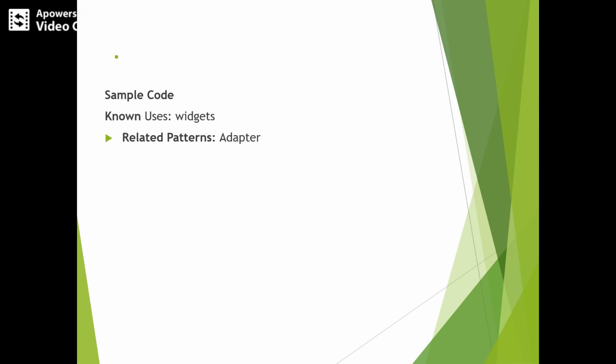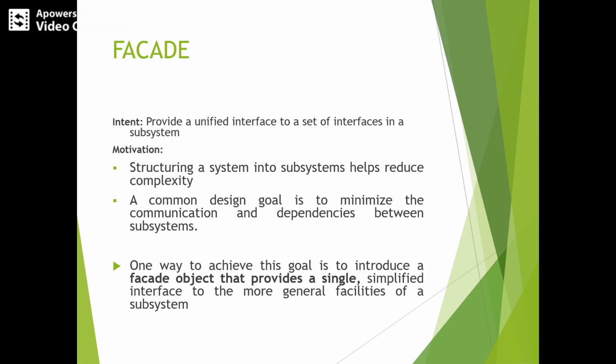Next, we will move on to another structural design pattern, the facade structural design pattern. The purpose or intent is to provide a unified interface to a set of interfaces in a subsystem.